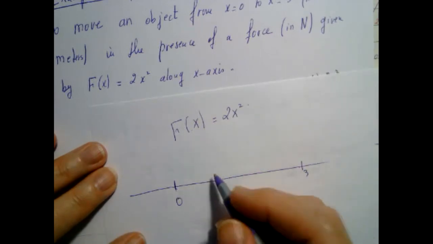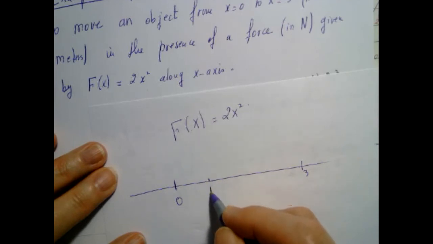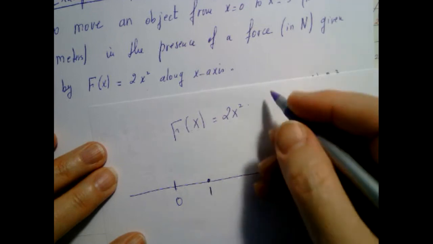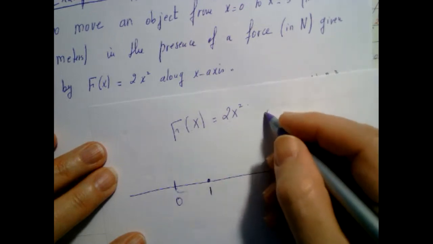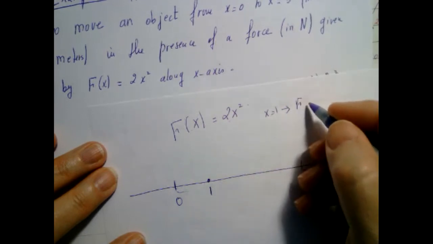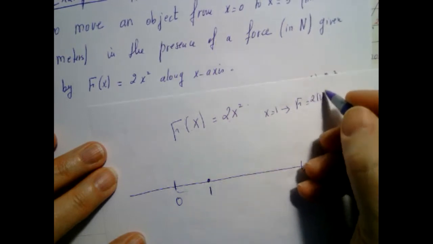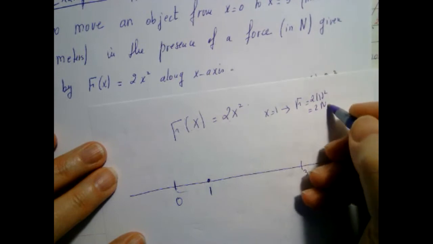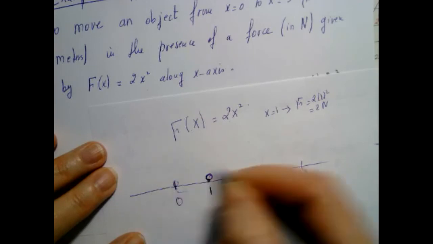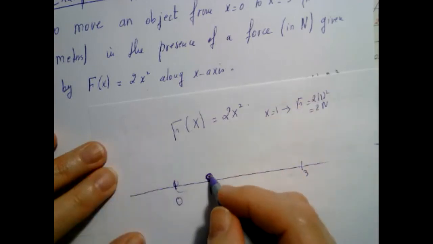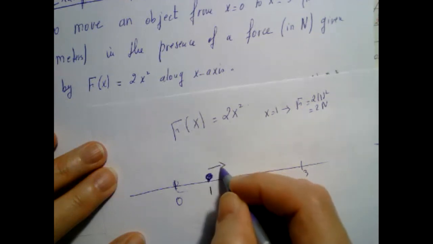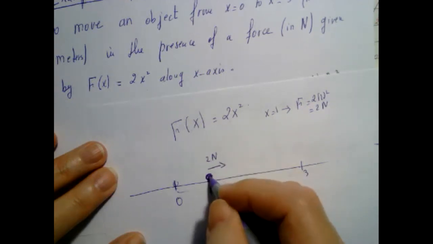Suppose my object is 1 unit away. What does this formula tell me? It tells me that if x is 1, then the force is 2 times 1 squared, which is equal to 2 Newton. It means when the object is here, so you have an object that you are moving, when it is here, the force to move it forward is 2 Newton.